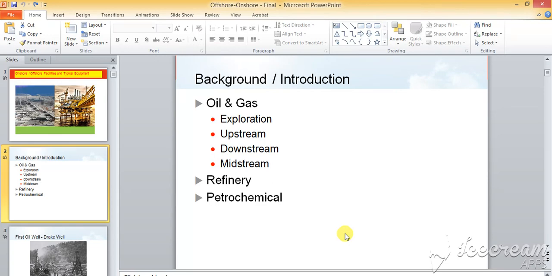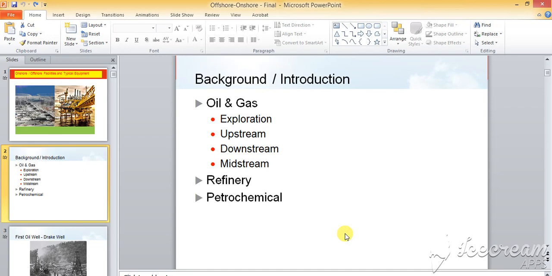So in the exploration, first you will get the geological data. So you'll do the logging, you'll do the surveys, and then you will get to see the rocks. There you can find the barrier rocks or the porous rock or the sandstones, and then you analyze them, and by analyzing them you'll come to know whether it can be an oil or gas reservoir.